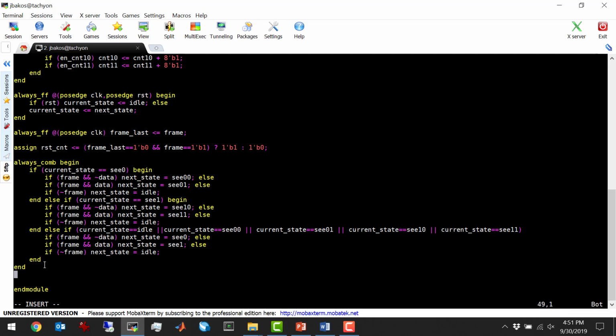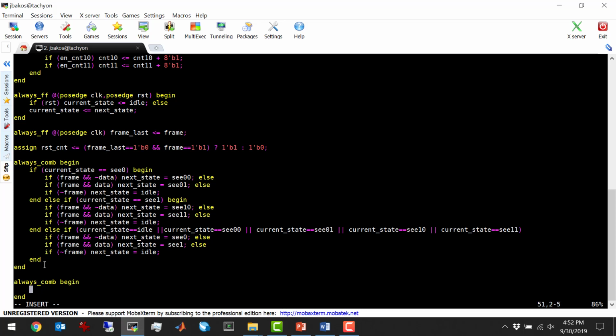All right, and then I'm going to create my output logic, which is always comb, begin, end. Oh, I need another end here. No, I've got it. Yeah, I'm good. Okay, so I'm going to do my output logic.